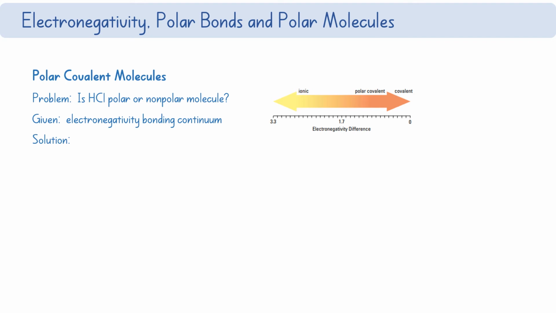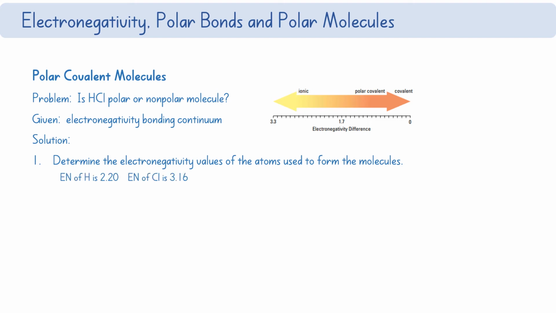So here's our solution. Determine the electronegativity values of the atoms used to form the molecule, and we get that information from the periodic table. The electronegativity of H is 2.2. The electronegativity of chlorine is 3.16.